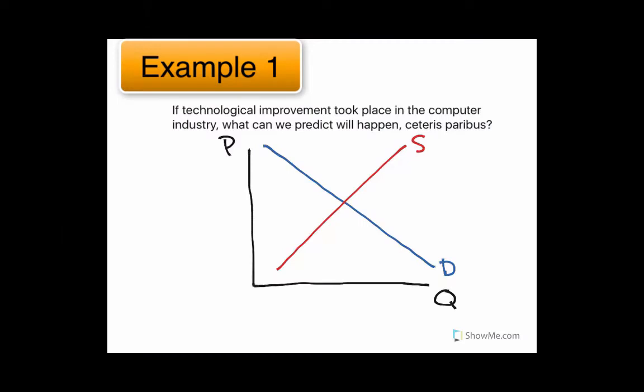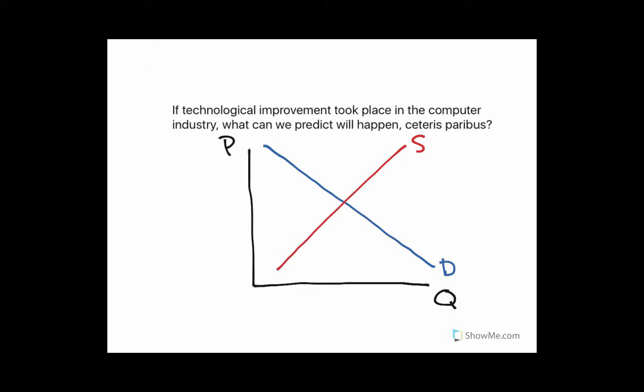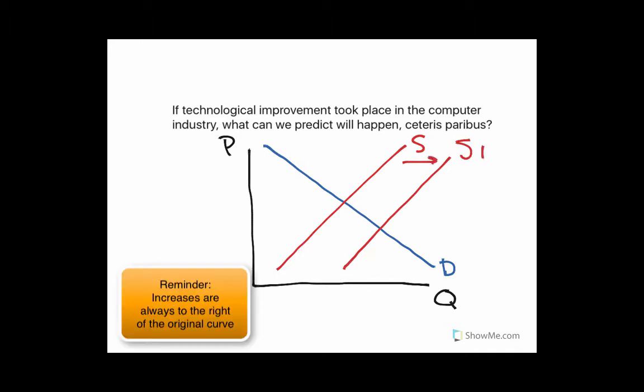Alright, so here we have a market for computers. And it says that a technological improvement takes place in the computer industry. So what happens? An improvement in technology means that the firms can produce more computers for the same price. So what happens is supply increases. And so what does that do to price and quantity?